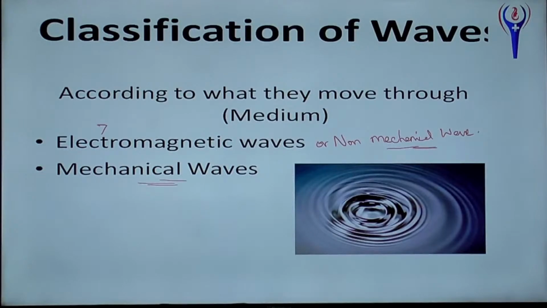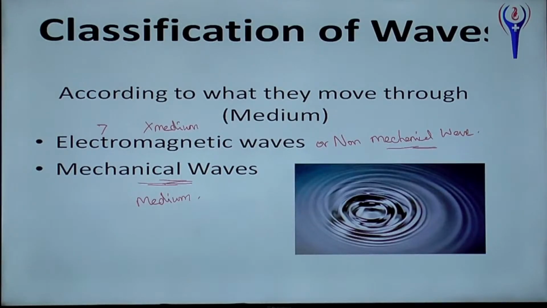Mechanical wave requires a medium for propagation. Now, mechanical wave requires a material medium for propagation. And electromagnetic wave, not a mechanical wave, does not require a medium. Medium is not necessary.